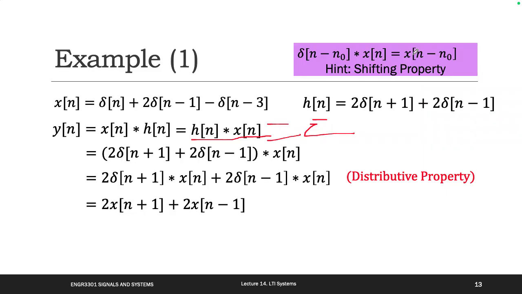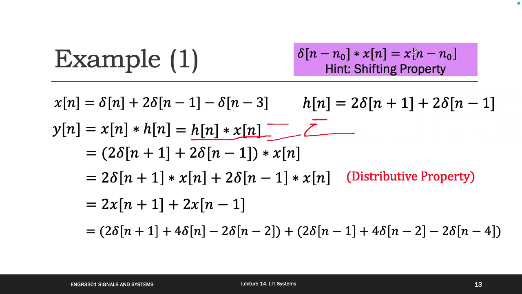Then what is x[n-1]? What is x[n-1]? We know x[n], am I right? What are x[n+1] and x[n-1]? You just need to put n+1 there, and n-1 there, am I right? So you will get this one.